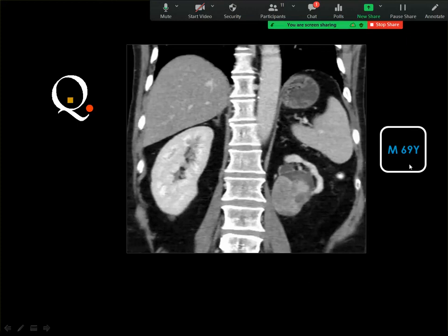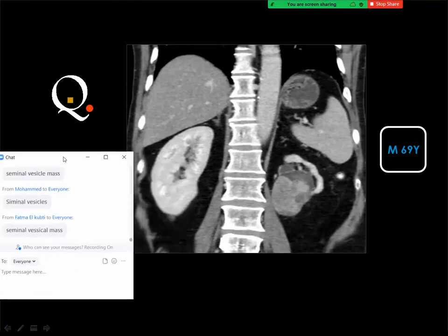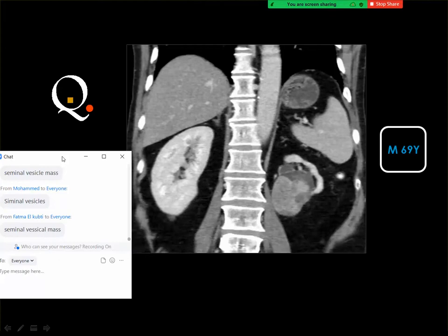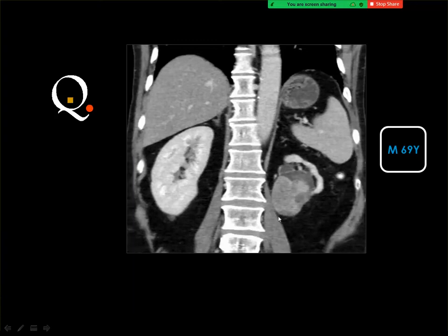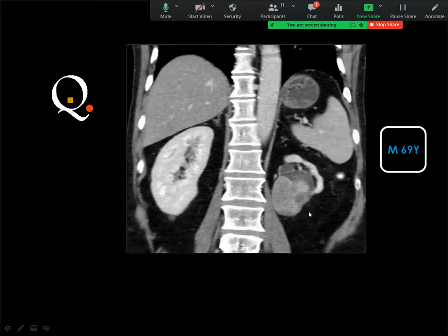This is a male, 69 years old, with a problem in the left kidney. Yes, and this is not a renal cell carcinoma, but this is a transitional cell carcinoma, a big mass within the renal pelvis.